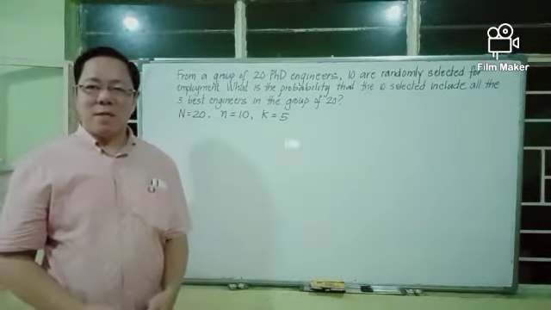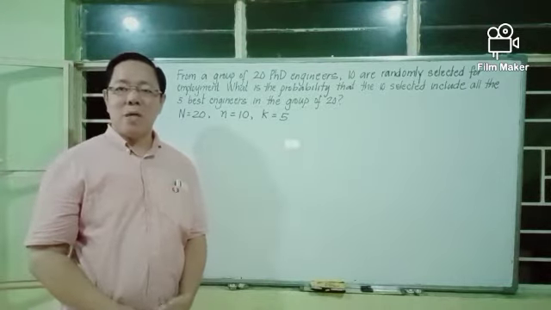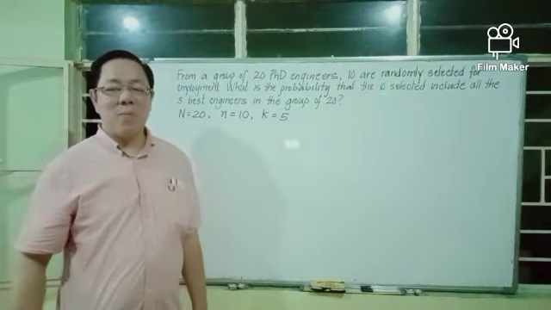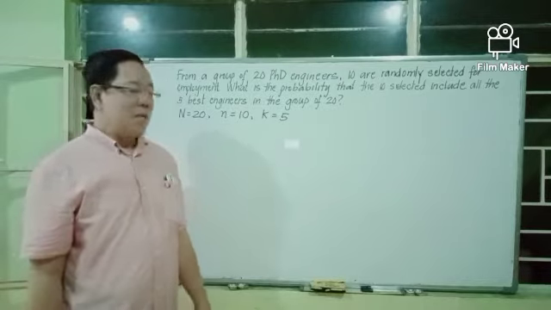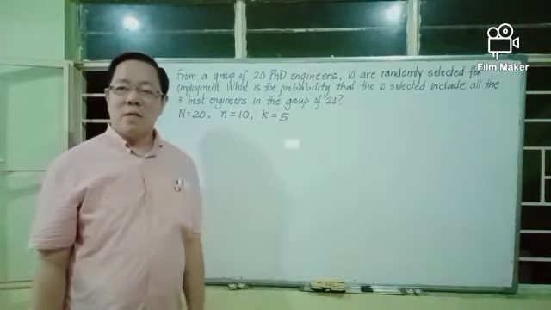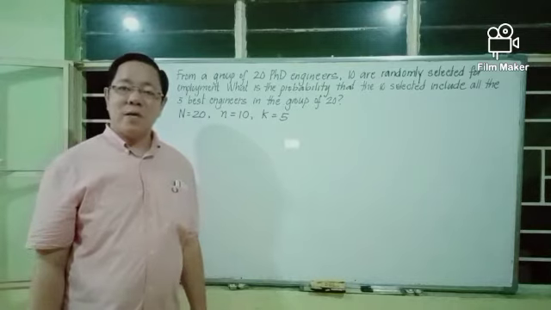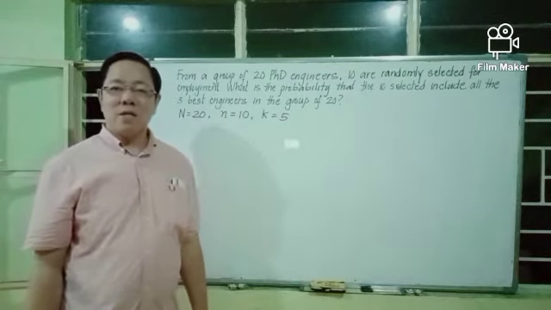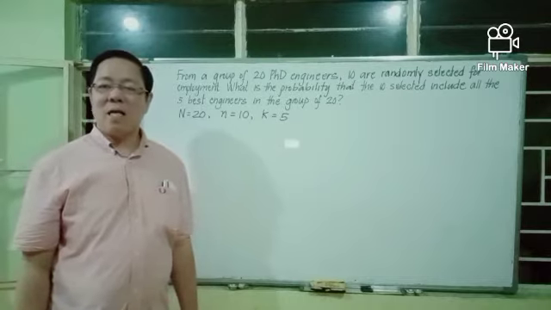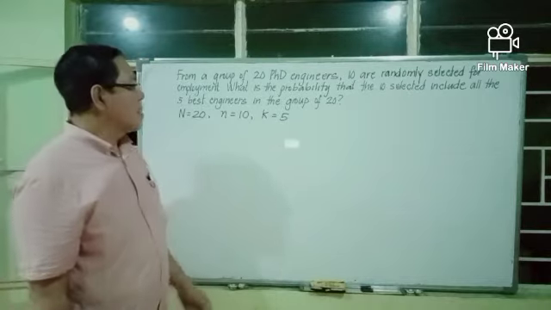K is the number of successes in the population, or the number of elements in the population that are considered successes. And in this particular example, the success is referring to the best engineers. And among the 20 engineers, 5 are considered as best engineers.